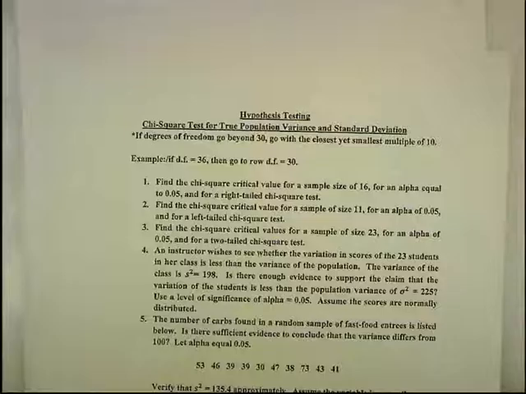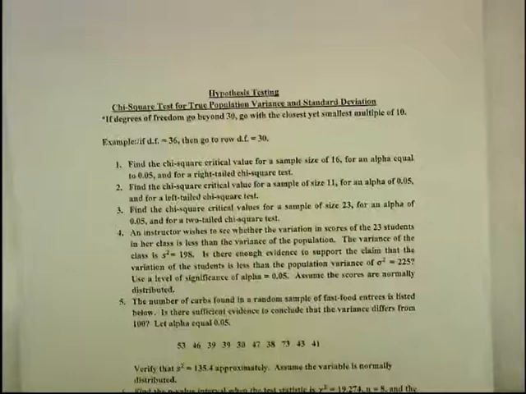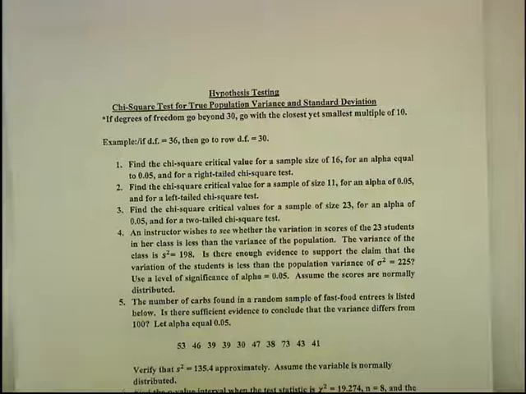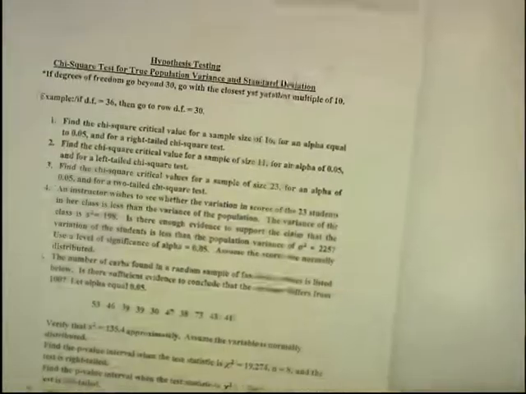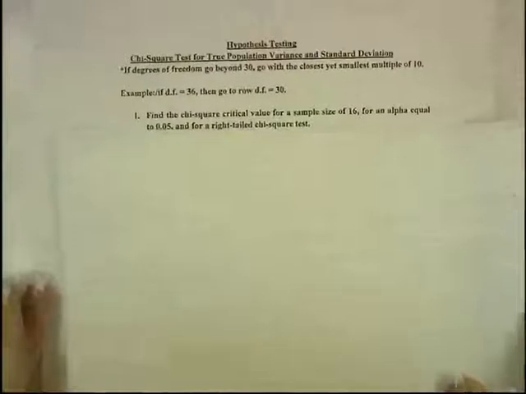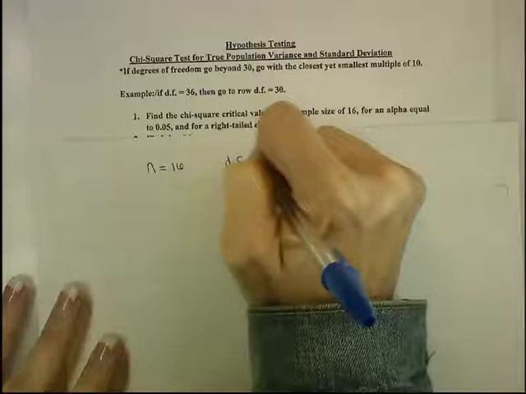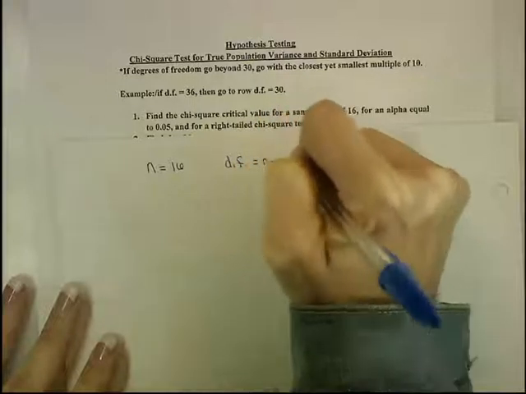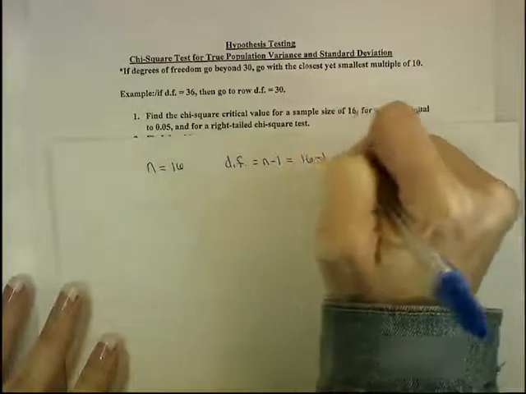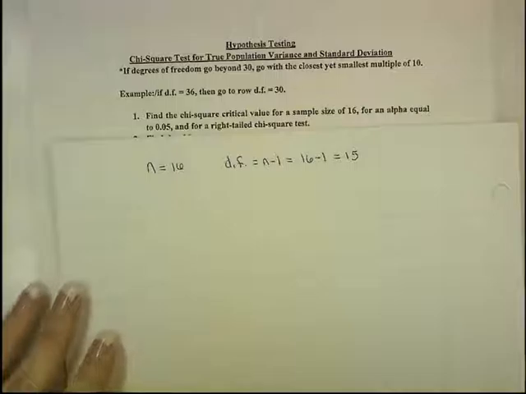Problem number 1 says, find the chi-square critical value for a sample size of 16 for an alpha equal to 5%, and the test is right-tailed chi-square test. What you would do is you would write down your sample size, which is 16, and that would tell you that your degrees of freedom would be 15 in the chi-square table.